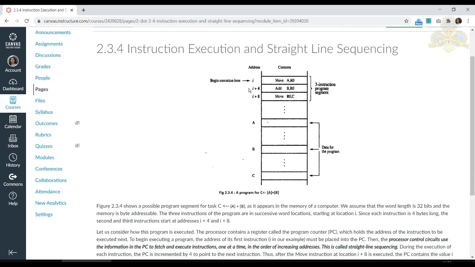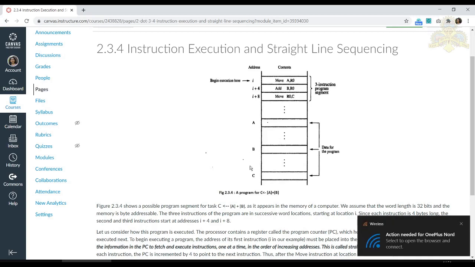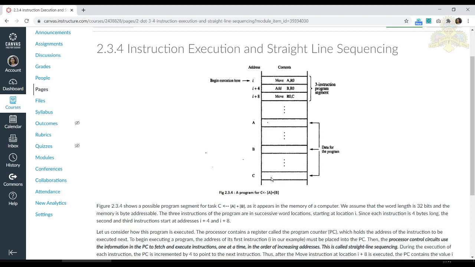Basically we have a diagram with a code snippet for the instruction C equals A plus B. That means the contents of memory location A and memory location B have to be added, and the result has to be stored in memory location C. Now we will assume a 32-bit word length.